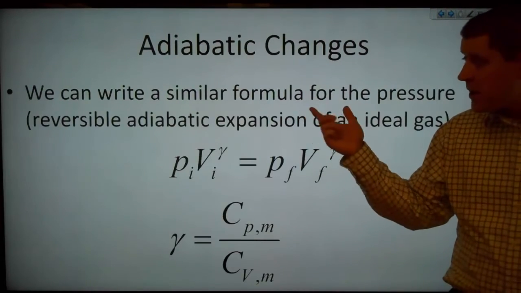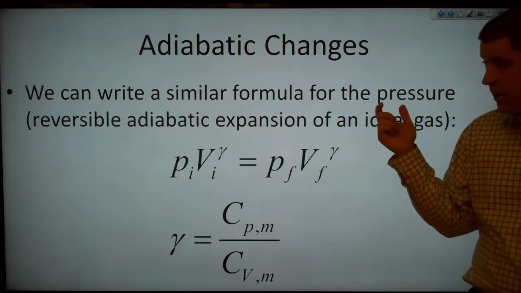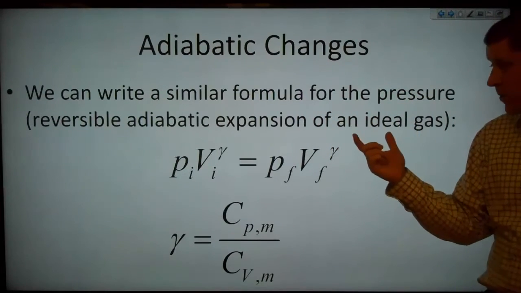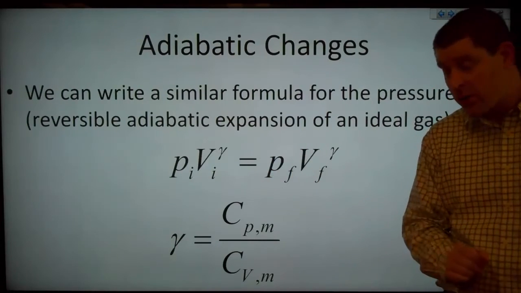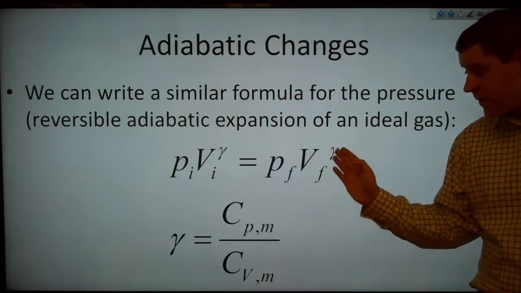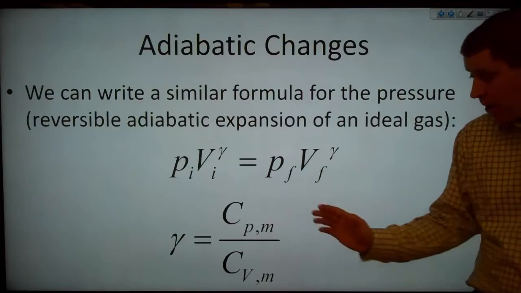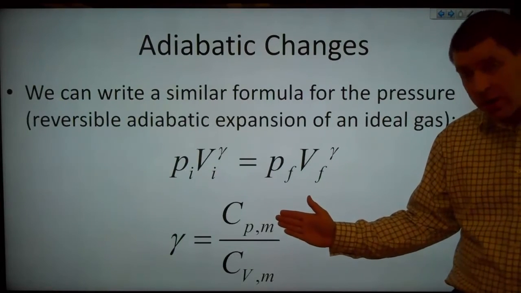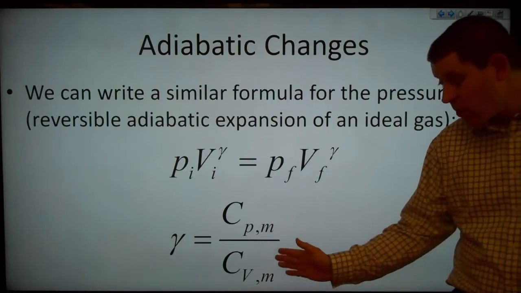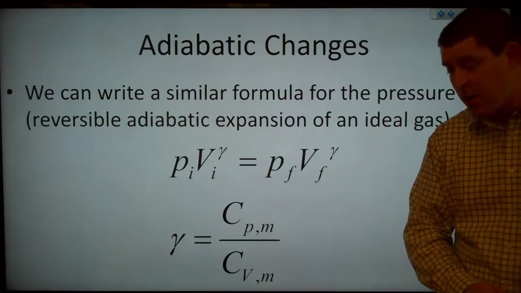Now, we can also write a similar formula for the pressure. This is for the reversible adiabatic expansion of an ideal gas. We've got Pi times Vi to the power of gamma is equal to Pf times Vf to the power of gamma, where gamma in this case is the molar constant pressure heat capacity divided by the molar constant volume heat capacity.